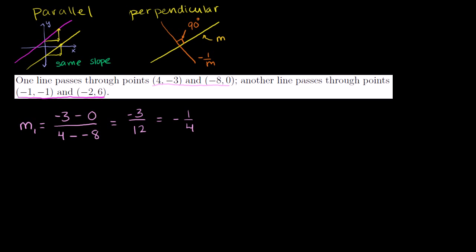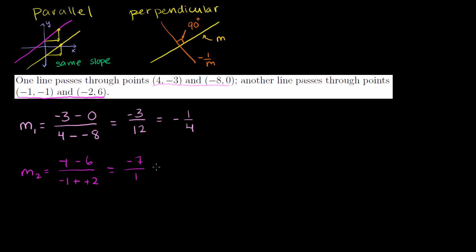Now what about the second line? The slope for that second line is, well, let's take here, negative 1 minus 6 over negative 1 minus negative 2. Negative 1 minus 6 is negative 7 over negative 1 minus negative 2, which is the same thing as negative 1 plus 2.